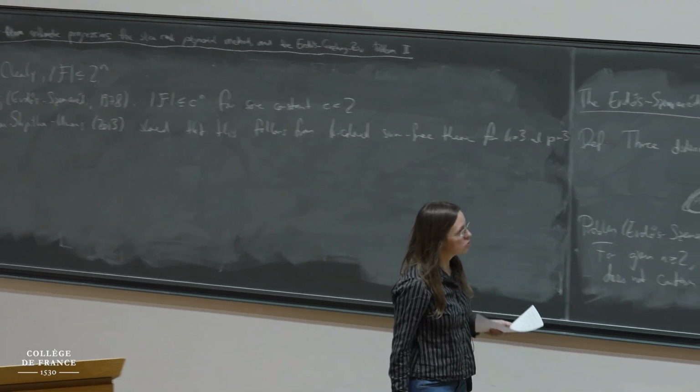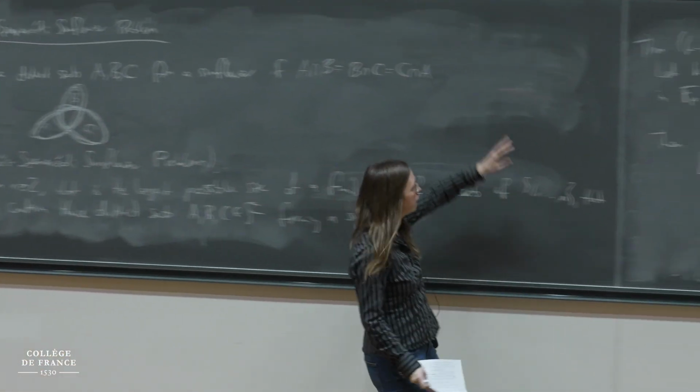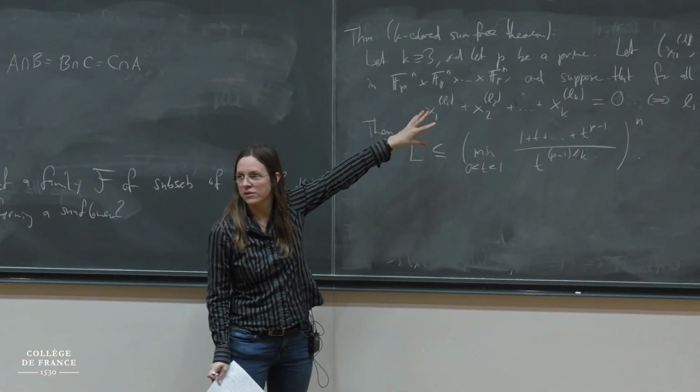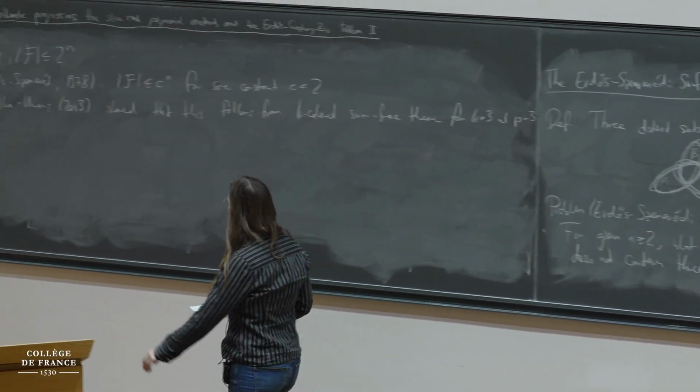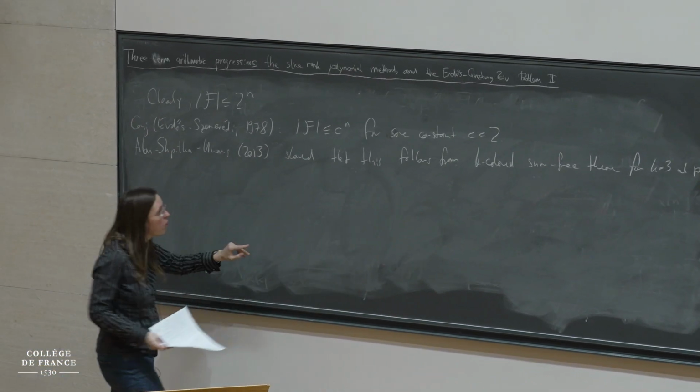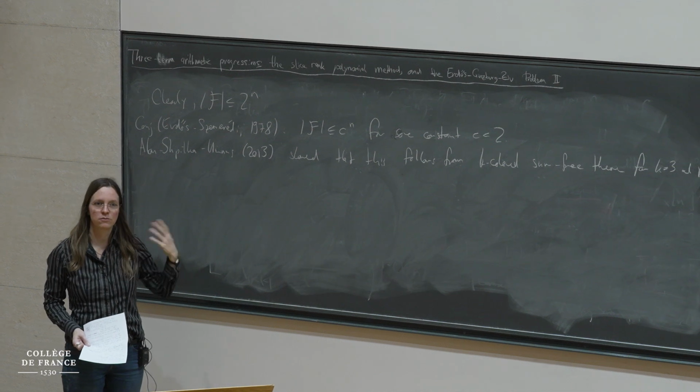So Alon, Shpilka, and Umans showed that if this holds for k equals 3 and p equals 3, then that implies the Erdös-Szemerédi conjecture, but they didn't know yet whether that k-colored sum-free theorem holds.